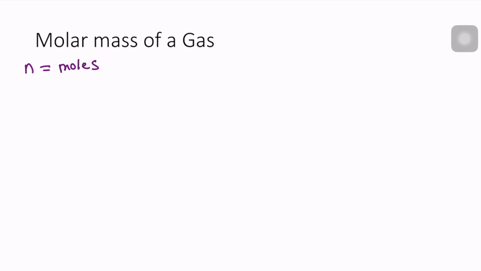We can also use the fact that the molar mass is grams per mole. So we can say that n is equal to the mass divided by the molar mass.